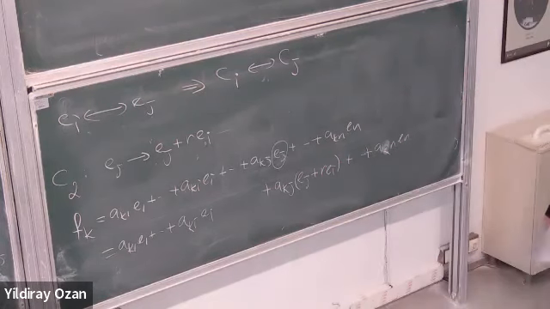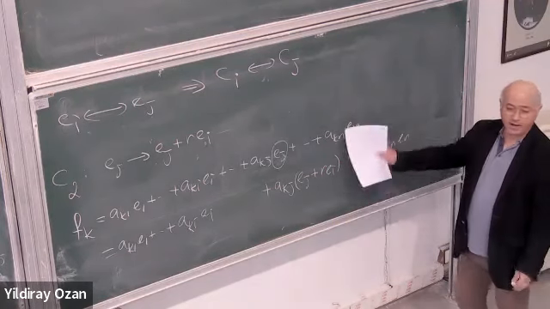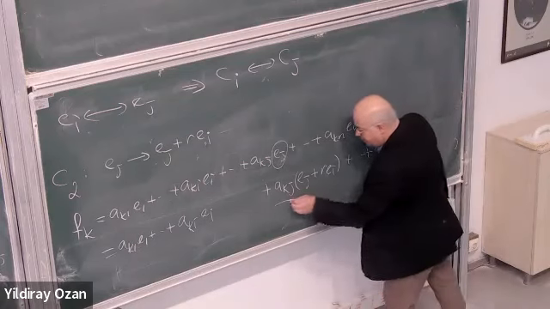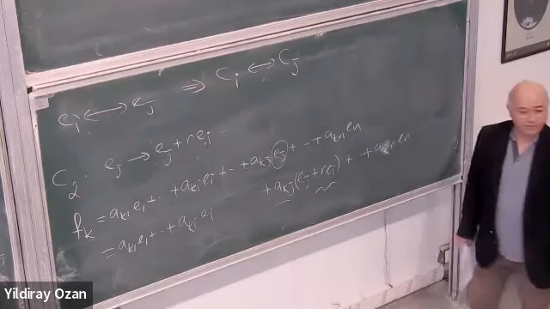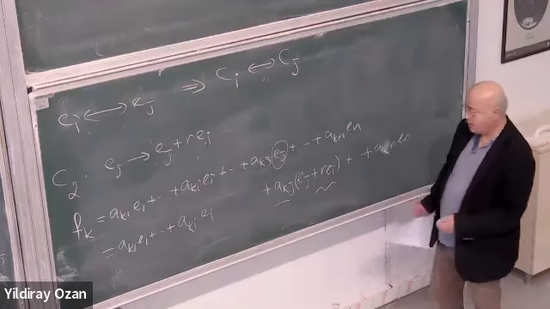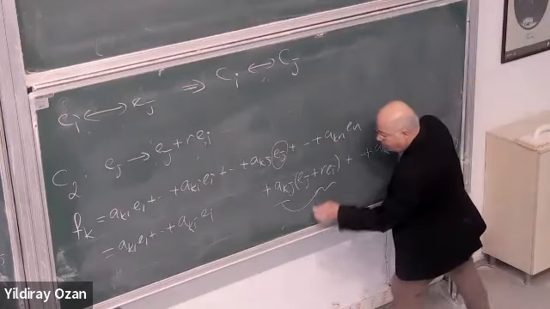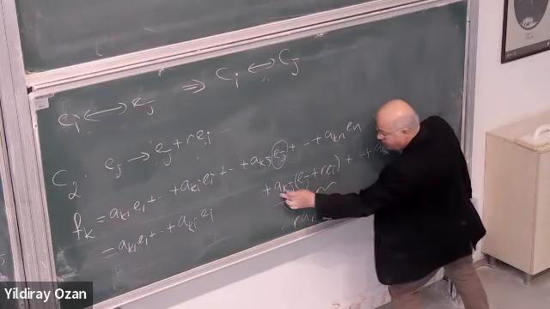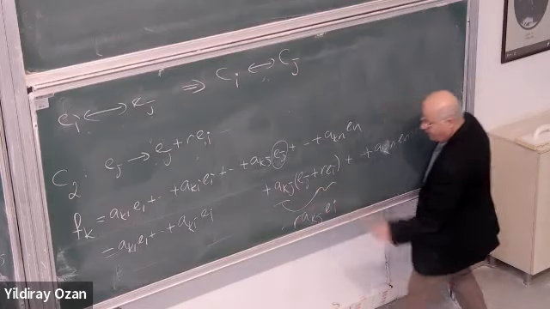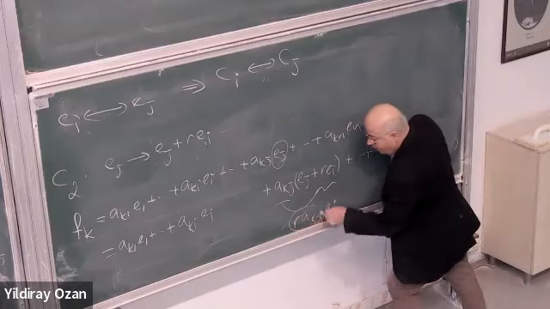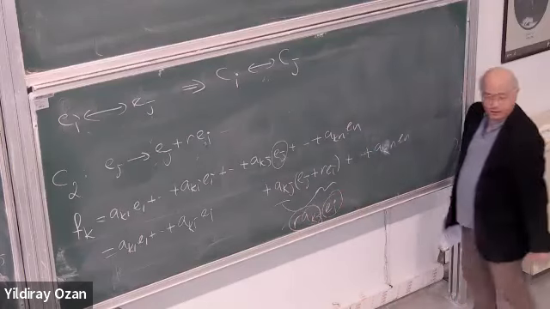But if you do this, of course, they are not the same, right? I added this guy times this stuff. So I have to just subtract this. How can I subtract this? What I add is this: R times AKJ times EI.